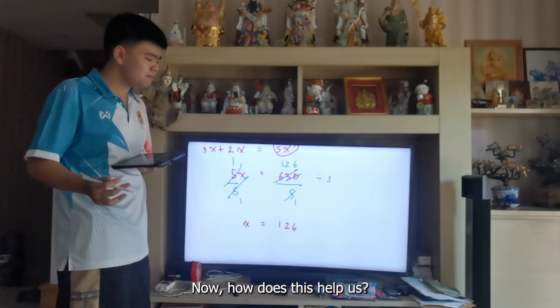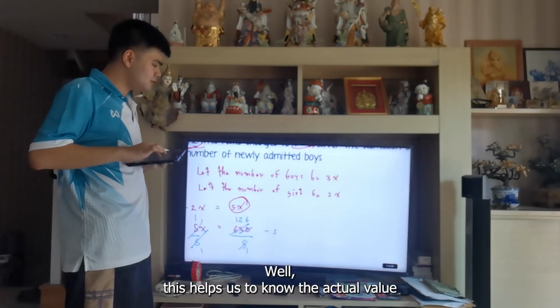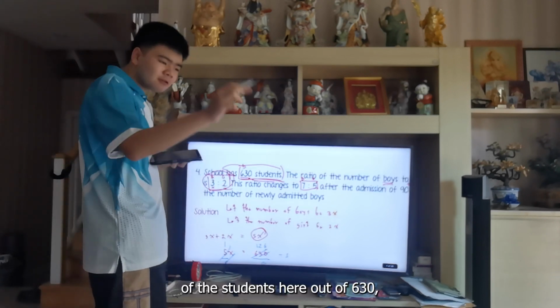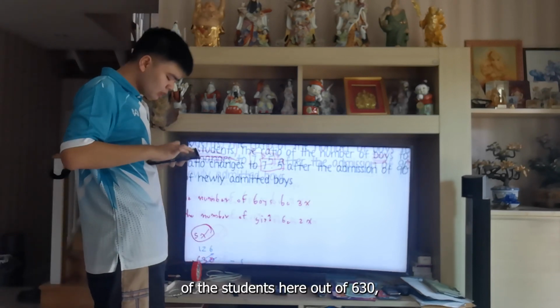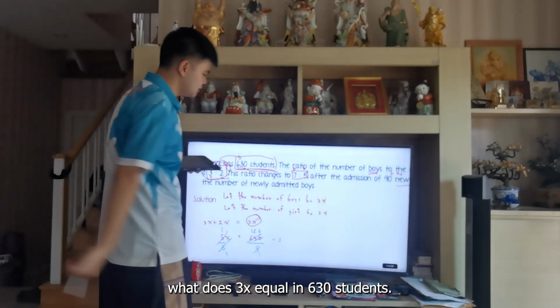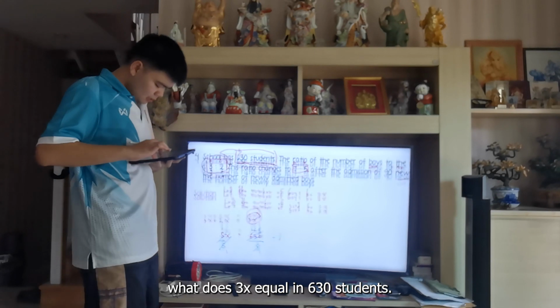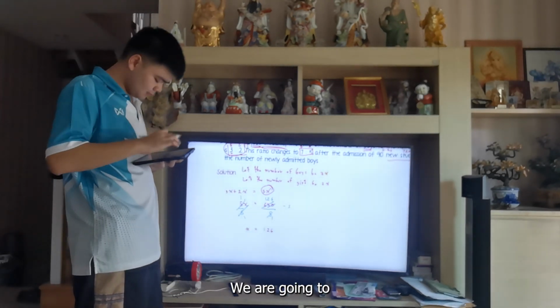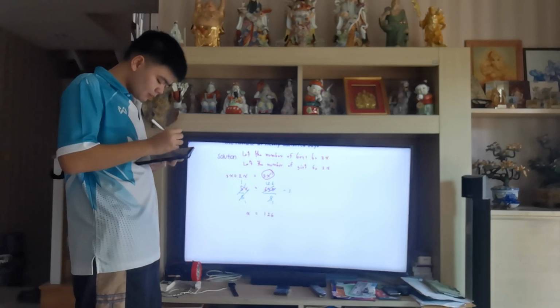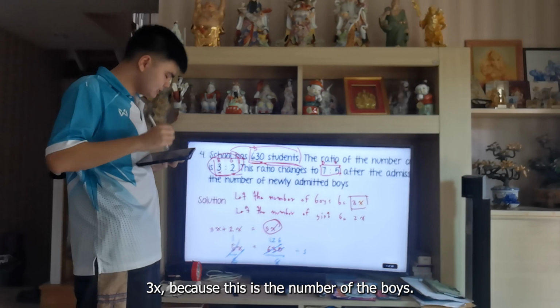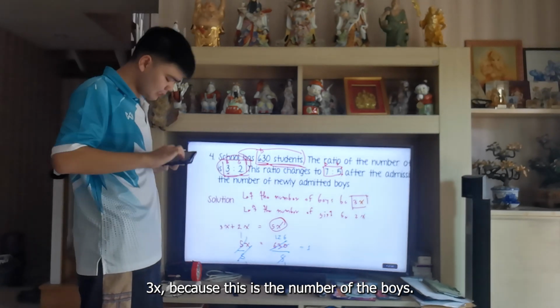Now, how does this help us? Well, this helps us to know the actual value of the students here. Out of 630 students, what does 3x equal? Now that we've got this value, we are going to use this 3x because this is the number of the boys.